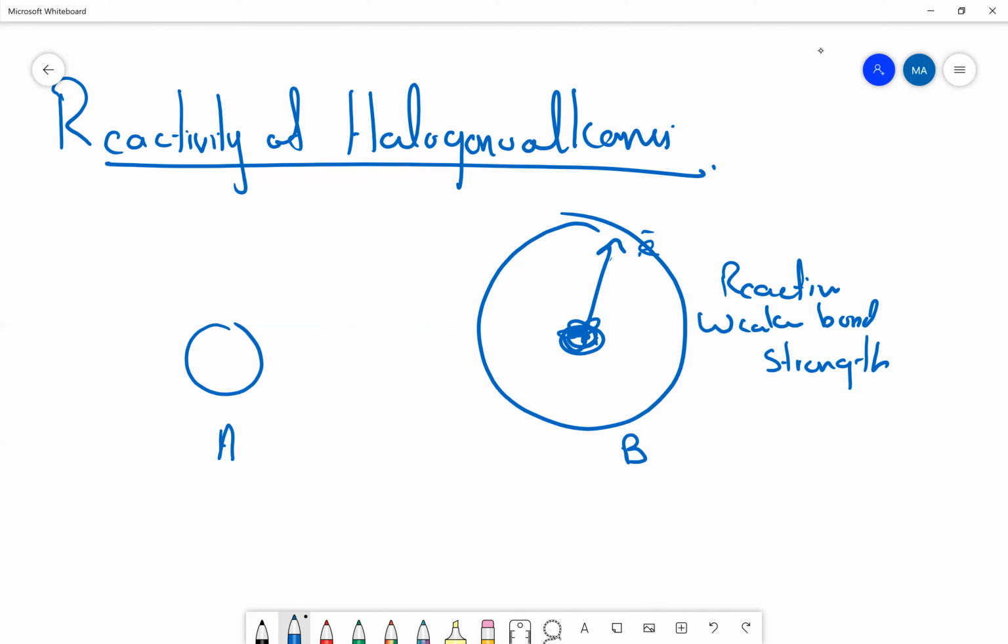So the loss and gain of electrons is what reactivity is. An atom is reactive if an electron is easily lost, and it's reactive if an electron is easily gained. This is why these bigger atoms having bigger radii are generally more reactive because of their weaker bond strengths.